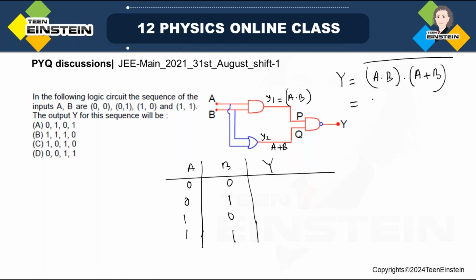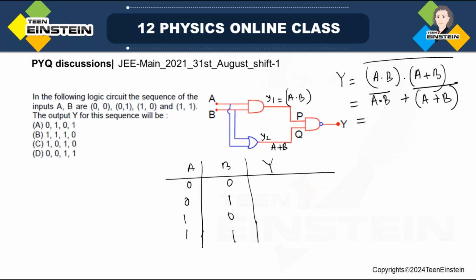If you apply De Morgan's theorem, you can get y1 bar, and in between there will be an OR operation, with (A or B) whole bar.